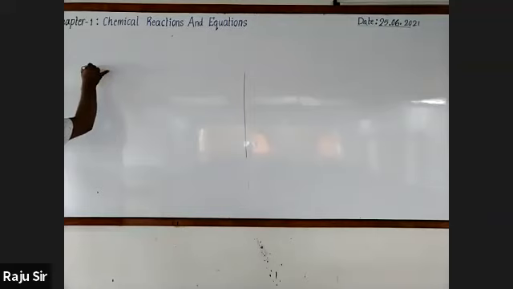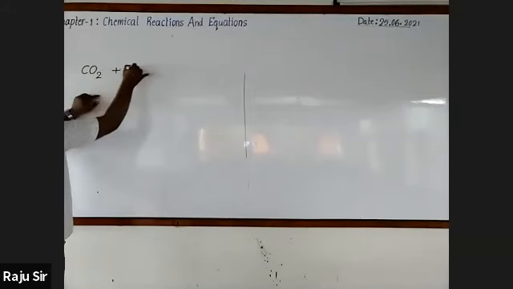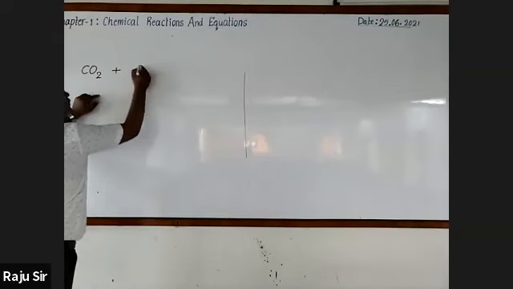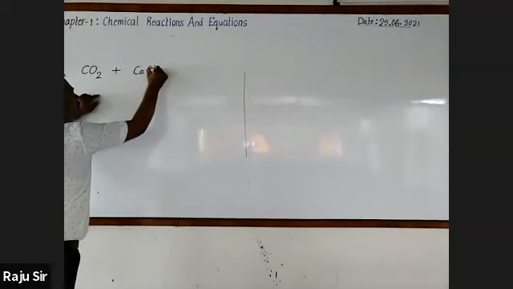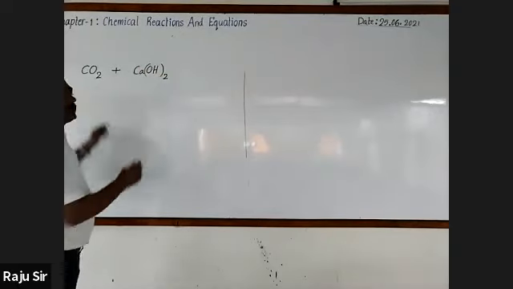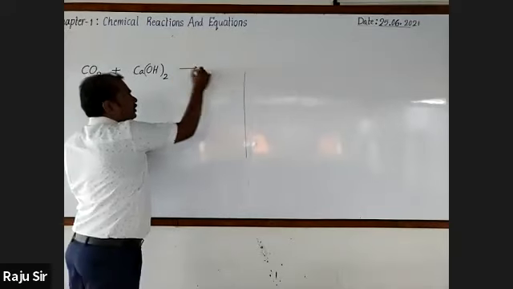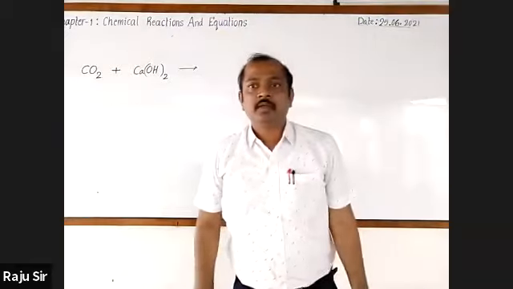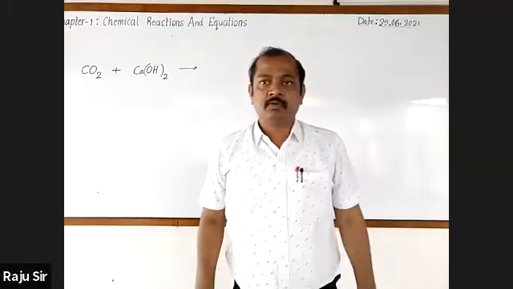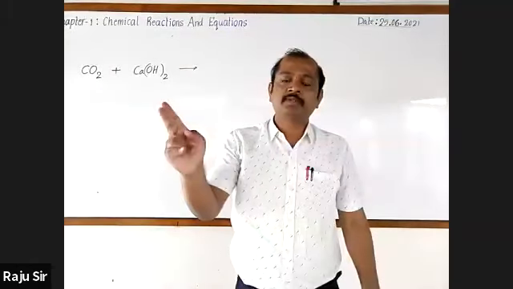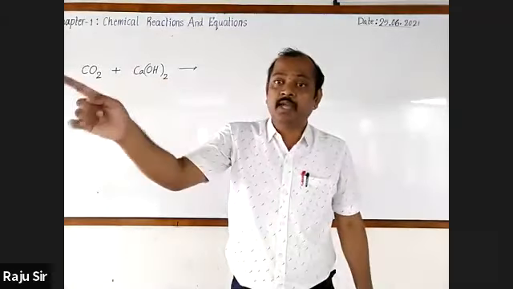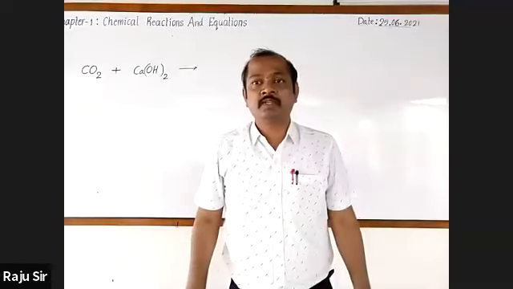Carbon dioxide gas, CO2, is passed into Ca(OH)2, which is in aqueous form. Could you tell me what is formed? Just recall it. Yesterday, I gave you the information regarding what happens when two aqueous solutions react with each other and when gas is passed into an aqueous solution.